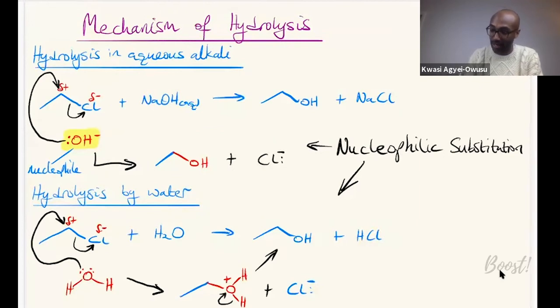So if I highlight the intermediate in question here, because we've got a neutral nucleophile, we're going to end up with an intermediate that has a positive charge on it. If you were carrying out this nucleophilic attack using, say, ammonia, which I'll show you on the next slide, you would form a positively charged intermediate. So these are two examples of the nucleophilic substitution mechanism.